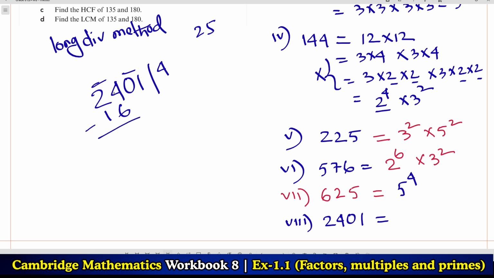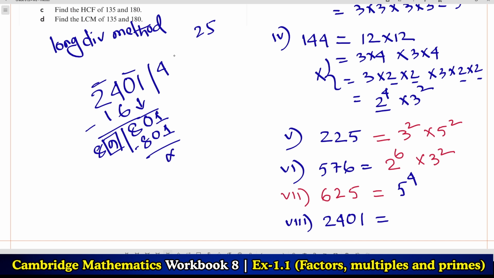Now subtract. So here is 8, right? And this 0 and 1 means the next pair will be brought down, and this 4 will be doubled, it means 8. Now we have to put something in here, and once we multiply by that number, the result will be 801 or smaller than 801. So we can keep 9. 9 times 9 is 81, and 9 times 8 is 72, plus 8, it means 80.